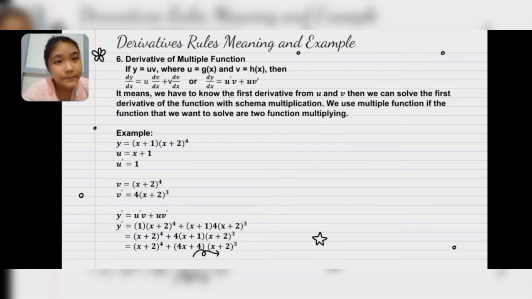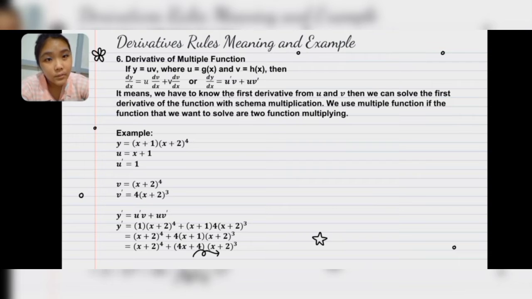It means we have to know the first derivative from u and v, then we can solve the first derivative of the function with schema multiplication. We use multiple function if the function that we want to solve are two functions multiplying. So there is the example that I made.